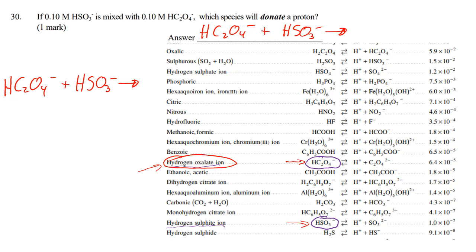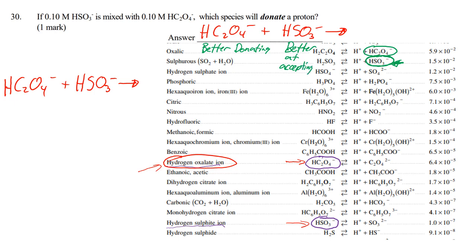Now, if we take another look at this table, here's the oxalate ion right there, and this one right here, the sulfite ion, is better at accepting protons. So what we can say is this one is better at donating, and this one's better at accepting.